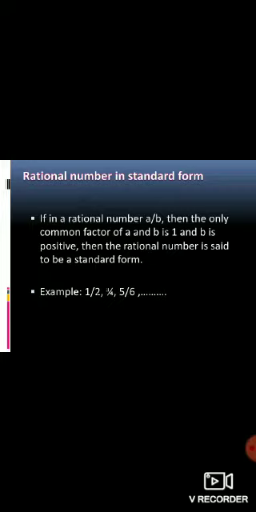Then the rational number is said to be in standard form. Here I have written some examples: 1 by 2, 3 by 4 and 5 by 6. If you take the common factor of the numerator and denominator of these numbers, it will be 1. That's why we say 3 by 4 and 5 by 6 are in standard form.